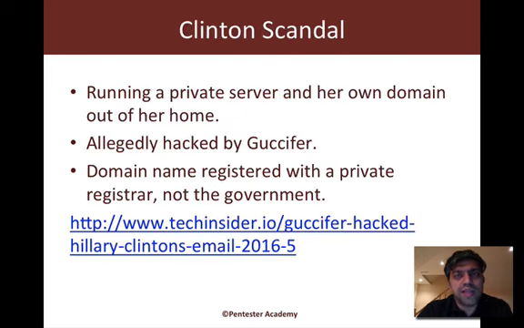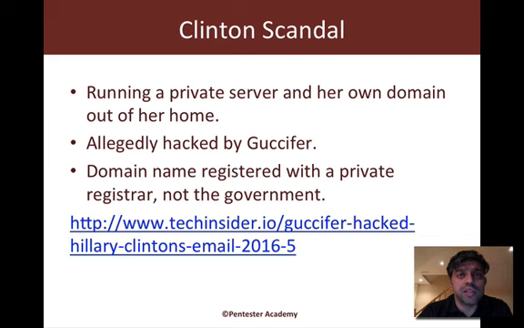Now, the Clinton scandal is a bit different, but also has an OSINT element to it. In this case, presidential nominee Clinton was running a private mail server and her own domain, and was running this out of her home.